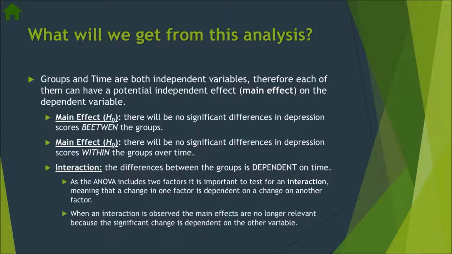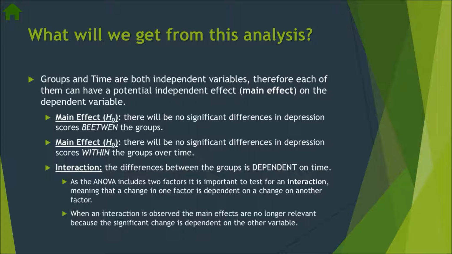So when you have two independent variables, you test for two main effects and an interaction. The main effects look at the independent variables separately, whilst the interaction looks at both independent variables simultaneously.